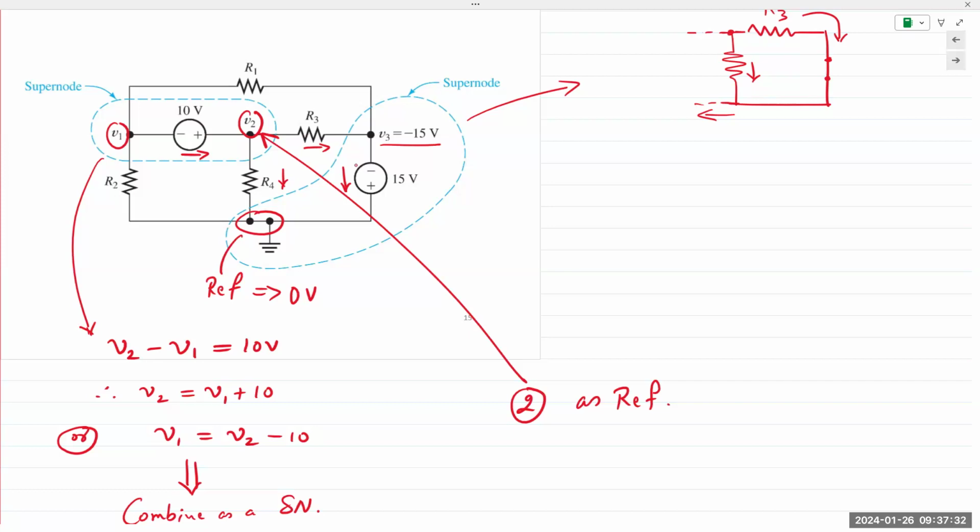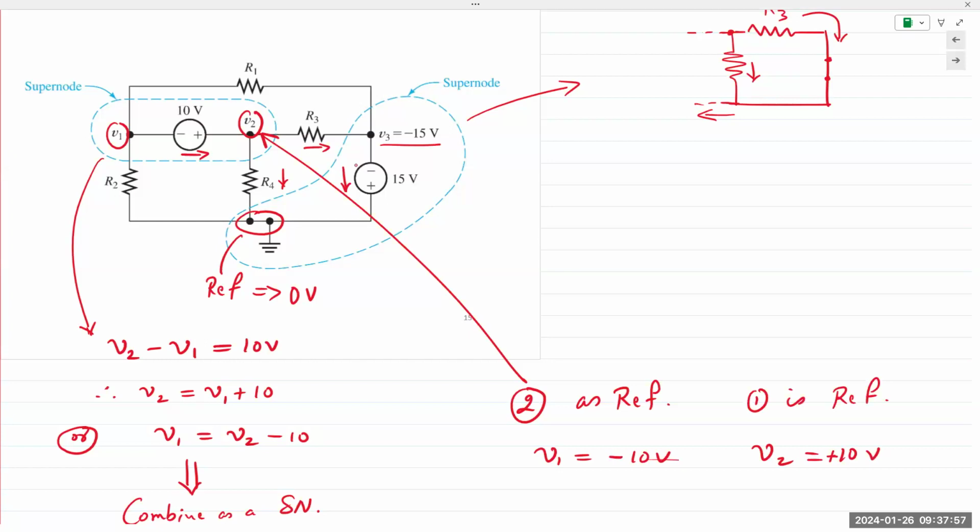So I've chosen 2 and I've chosen 1. I've solved this multiple ways. So if 2 is my reference, then V1 is minus 10 volts. If 1 is a reference, then V2 is plus 10 volts.